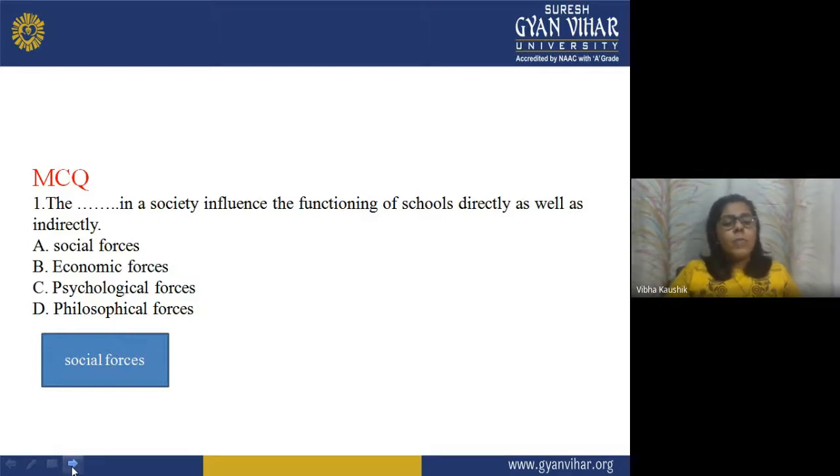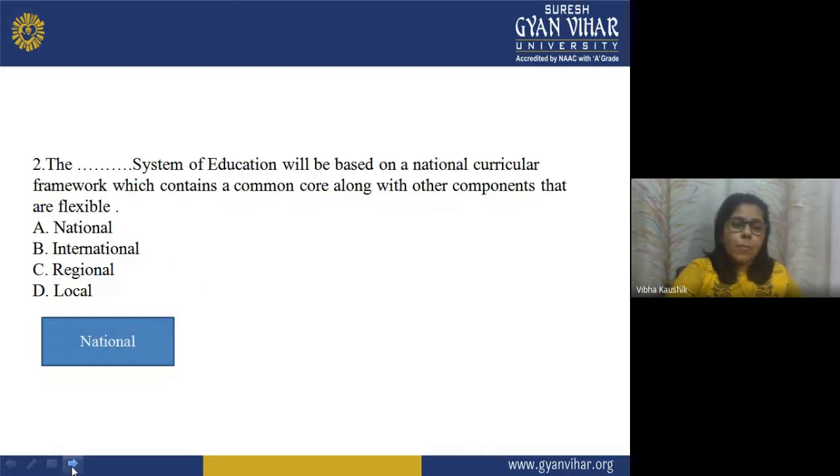The options are A, social forces, B, economic forces, C, psychological forces, or D, philosophical forces. Now, students, you have to grab the correct answer from the given choices, and the correct answer is social forces, means the social forces influence the functioning of schools.